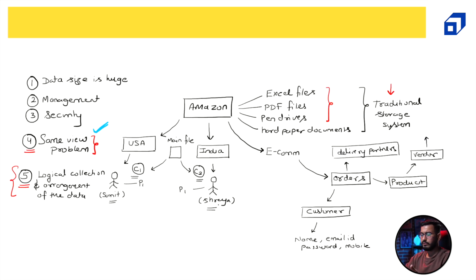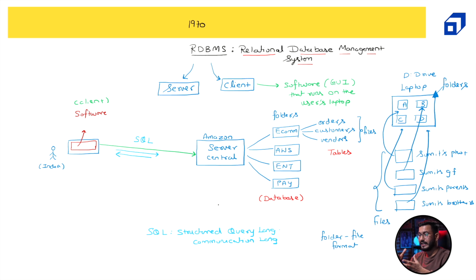The second problem was resolved by creating this architecture, which is the folder file format. We have databases, and within each database we have multiple tables, but the problem is still not resolved.